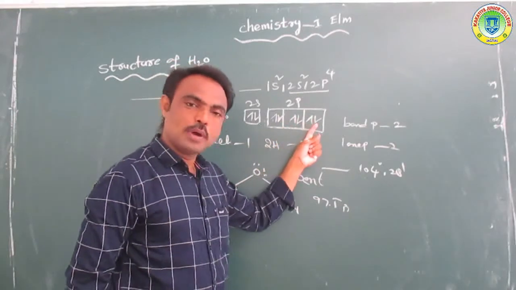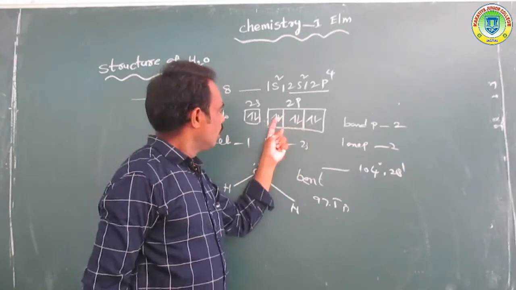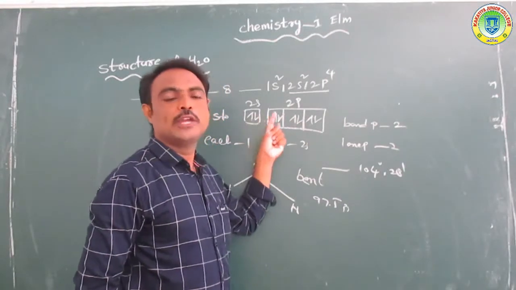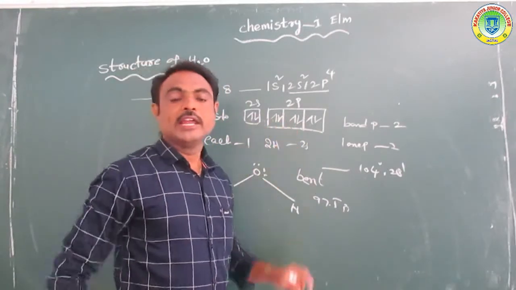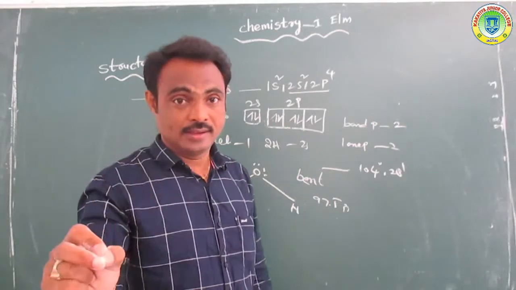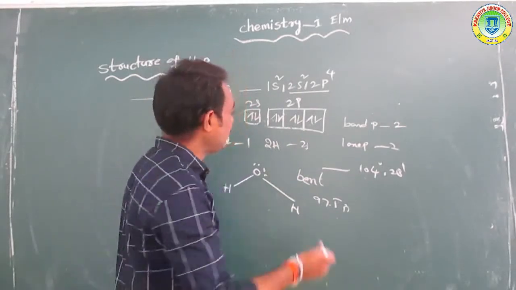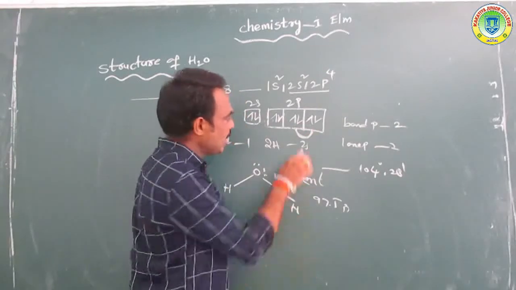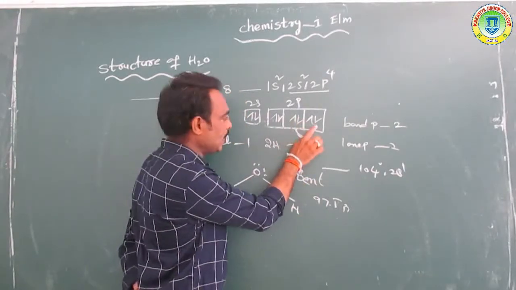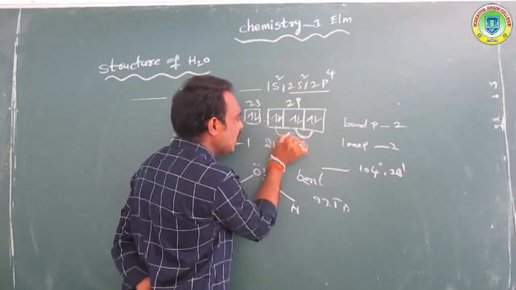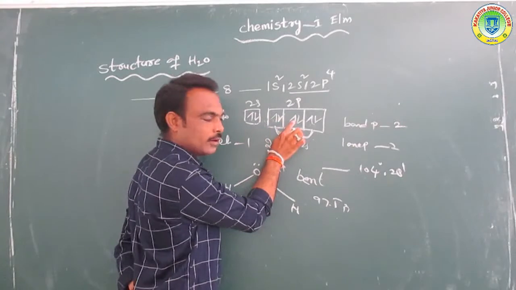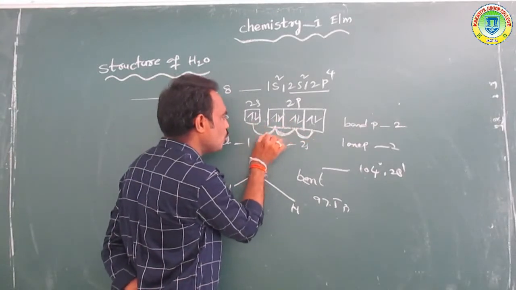bond pair to bond pair, lone pair to bond pair, and lone pair to lone pair. Repulsion is very high between lone pairs.